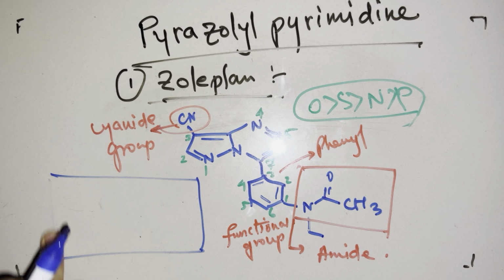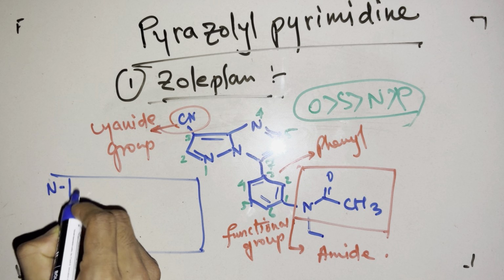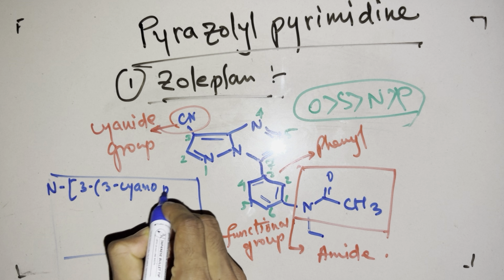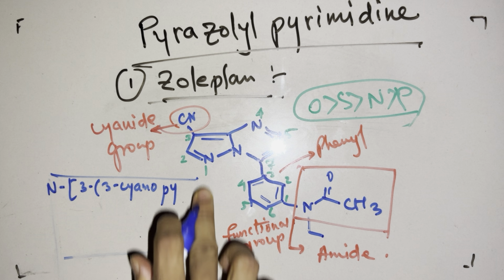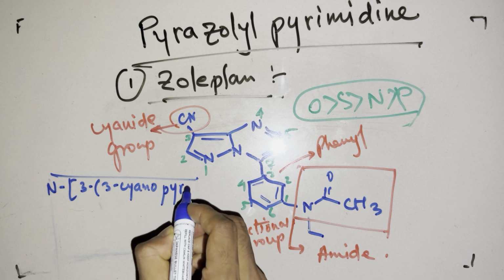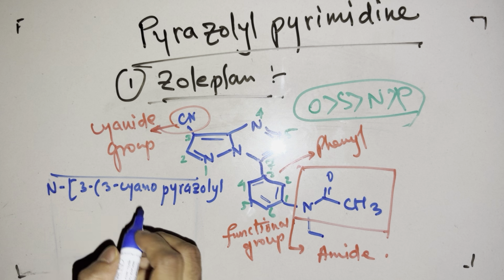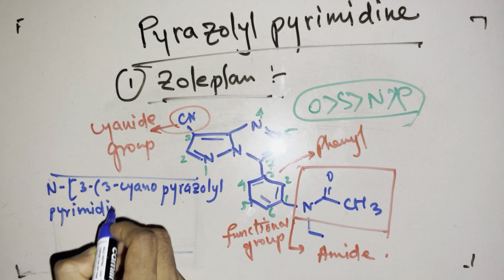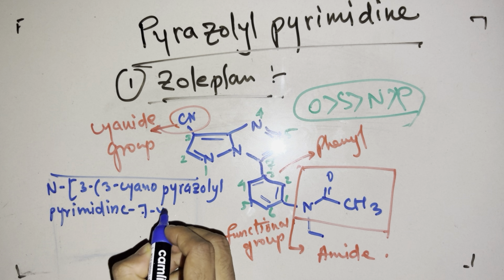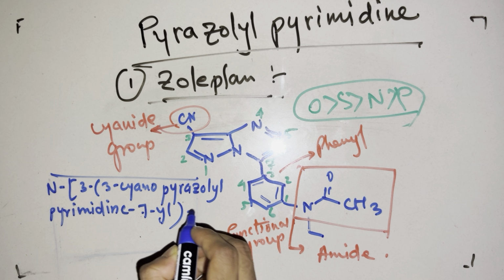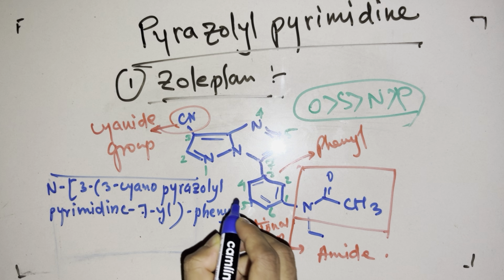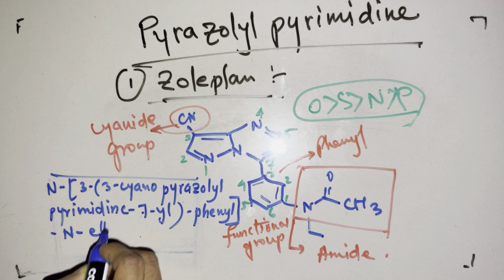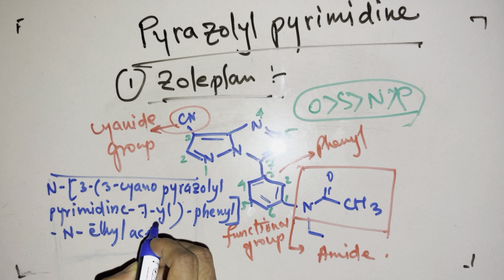N, 3 cyano pyrazolile pyrimidine 7 yl, then bracket complete, then phenyl, then second bracket complete, then again N ethyl acetamide.